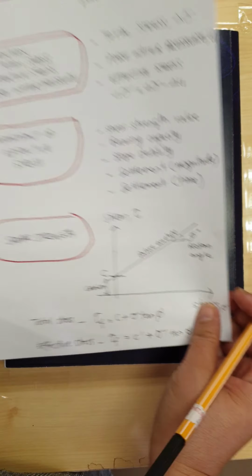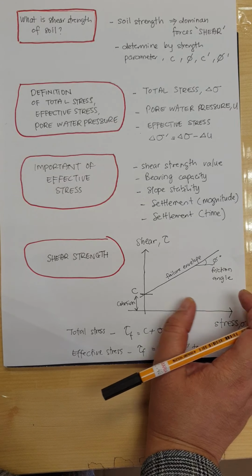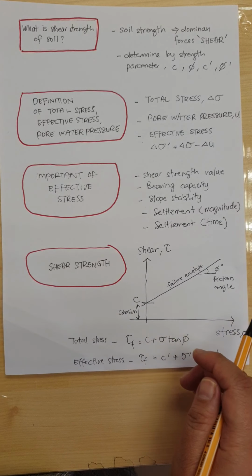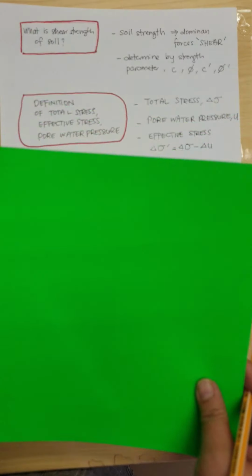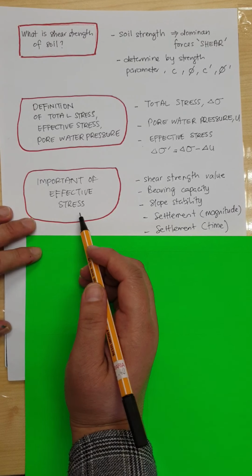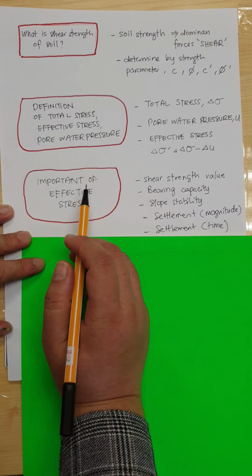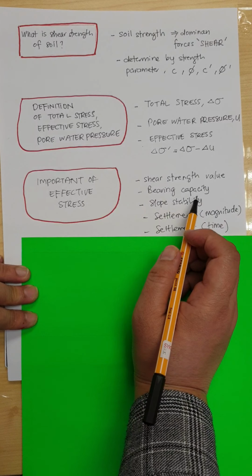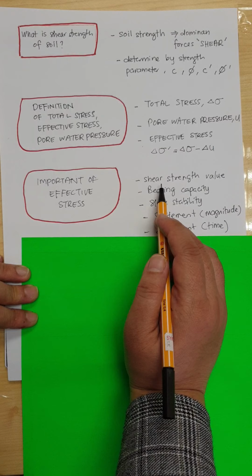Of course, at this point, you must know about those three things, and then we must move on. Next we are considering why we need to understand effective stress, or the importance of effective stress.